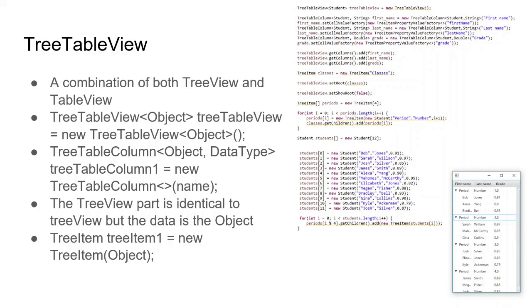The table aspect comes in with setting the columns for the tree table view. So you can see up there we have the same columns as the previous table, first name, last name, and grade. So now we can organize them into different classes. So we have a period, number, and then the number of the period. Now you'll see one limitation is that even the titles of the tree items must be the classes. So you can't do some easily hierarchical stuff.